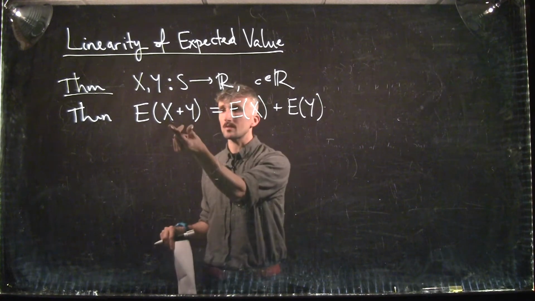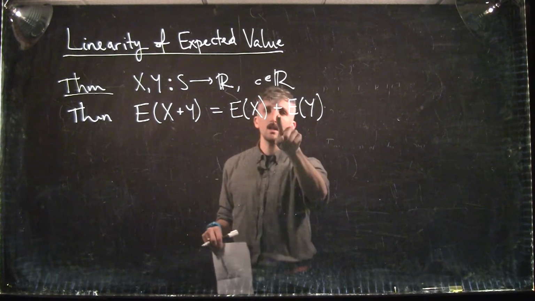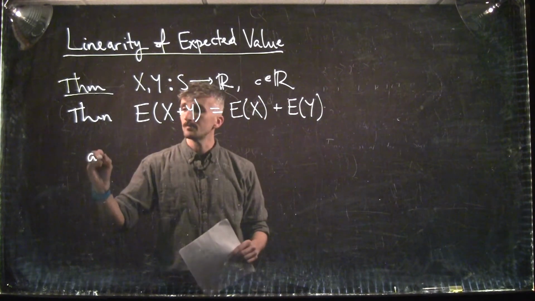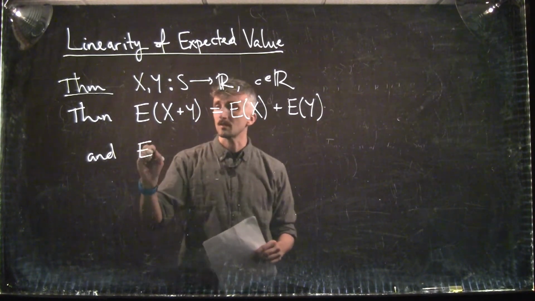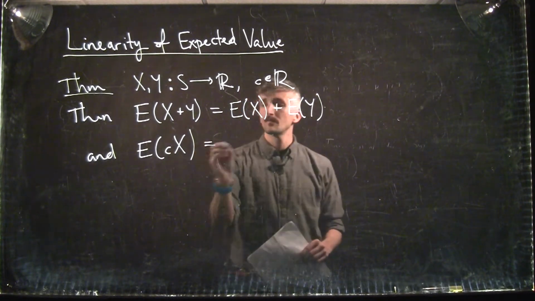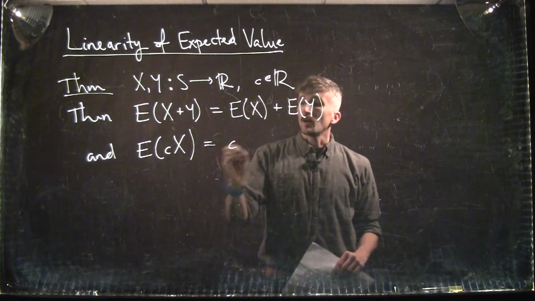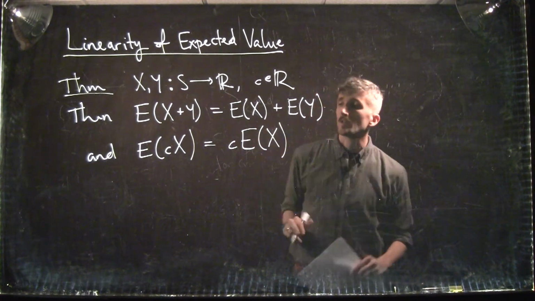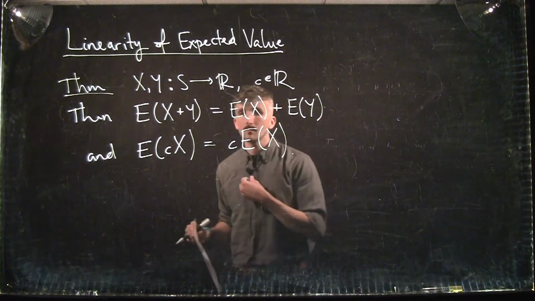Of course, this is a sum of random variables, and here we're taking the sum of real numbers. Also, when we take the expected value of c times X, this becomes c times the expected value of X.